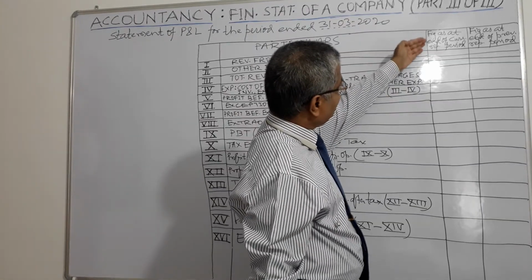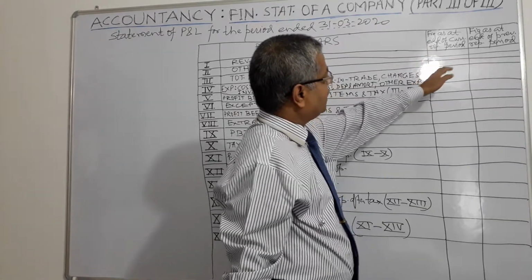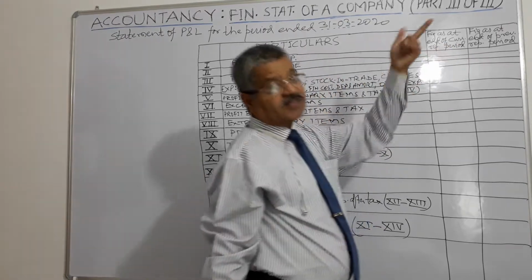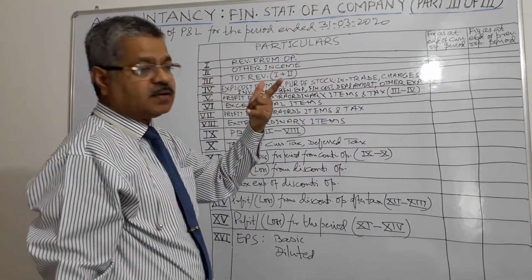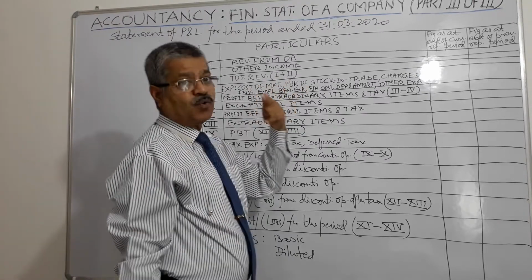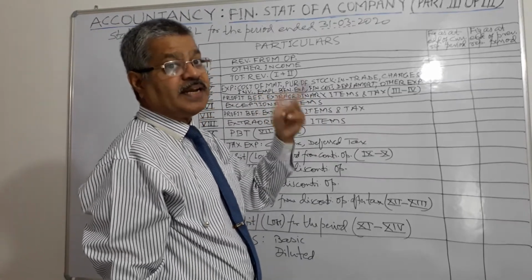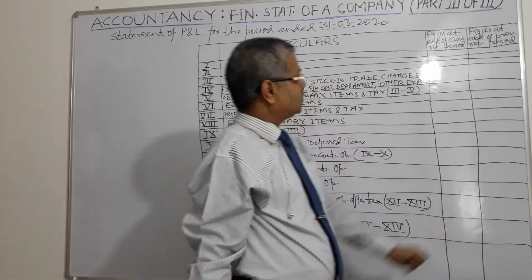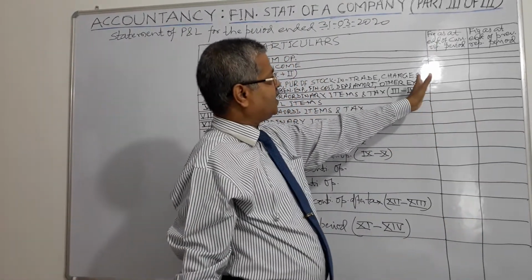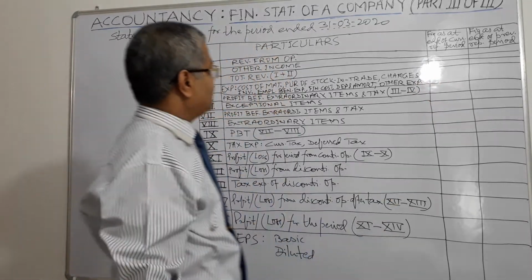Figure at the end of current reporting period and figure as at the end of previous reporting period means 1/4/18 to 31/3/19. Whatever happened during that period. Comparison of current year with the previous year.